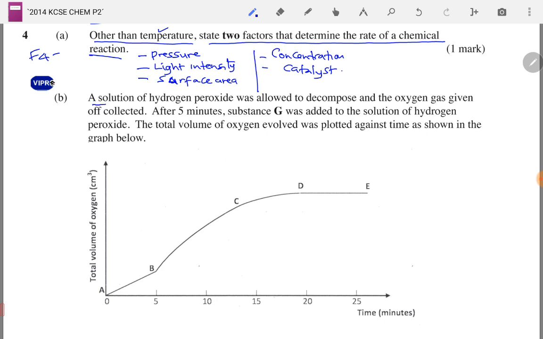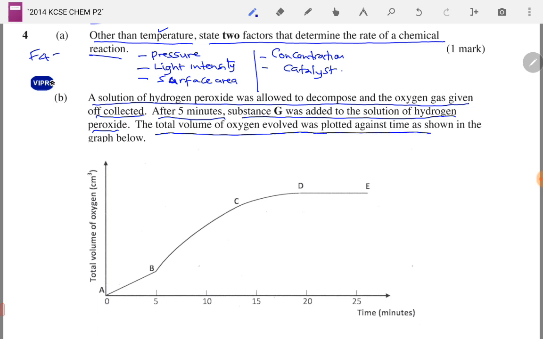Subsection B, a solution of hydrogen peroxide was allowed to decompose and the oxygen gas given off collected. After 5 minutes, substance G was added to the solution of hydrogen peroxide. The total volume of oxygen gas evolved was plotted against time as shown in the graph below. We have a graph, yes.